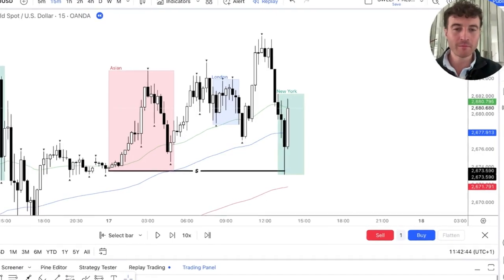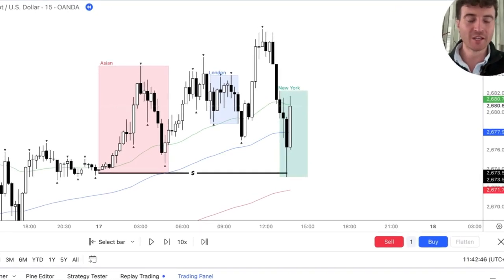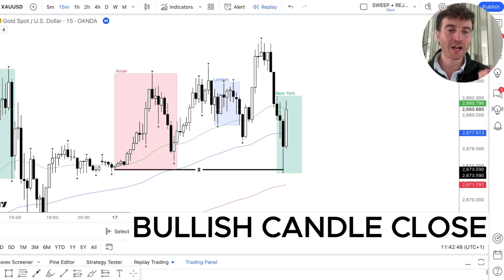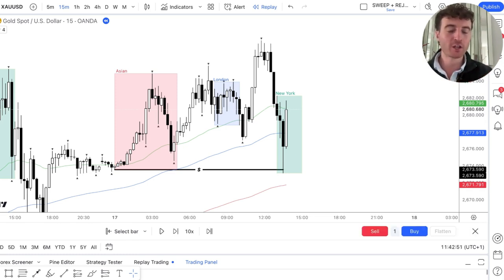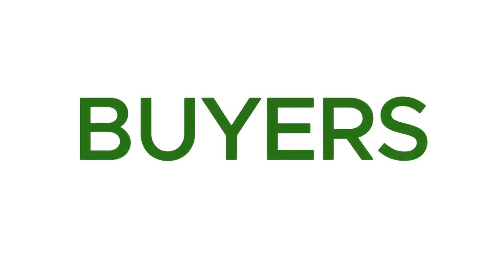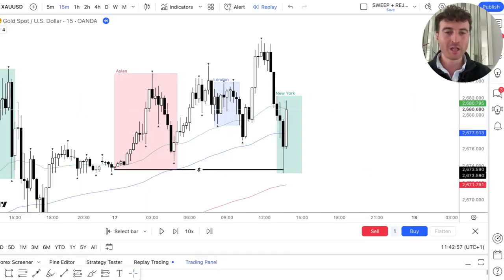Now let's look at step number three, which is market confirmation. Very simply, all we want to see is a bullish candle close after we have seen the liquidity sweep. This indicates to us that buyers are now present in the market, and therefore momentum is now shifting to the upside in line with our buyers.